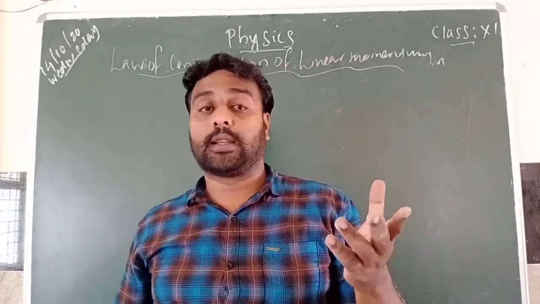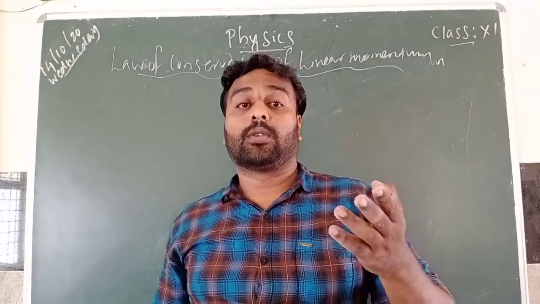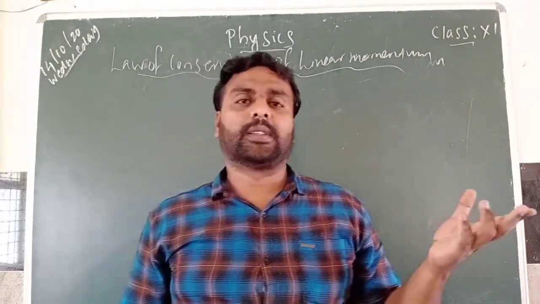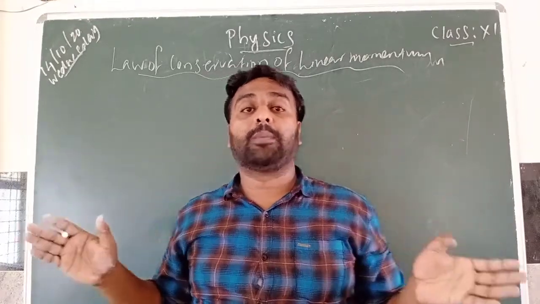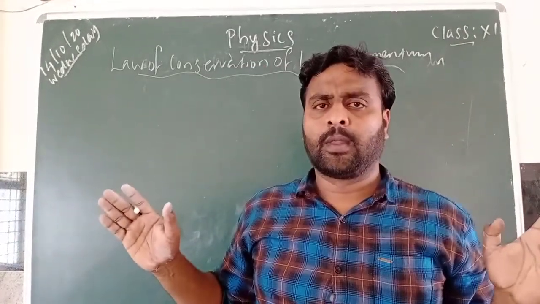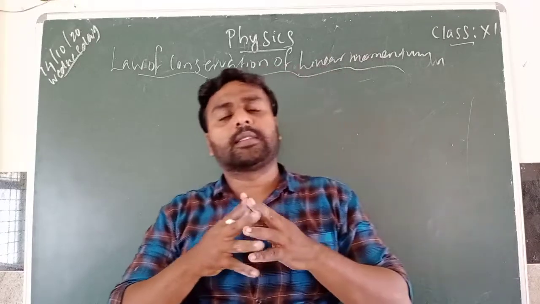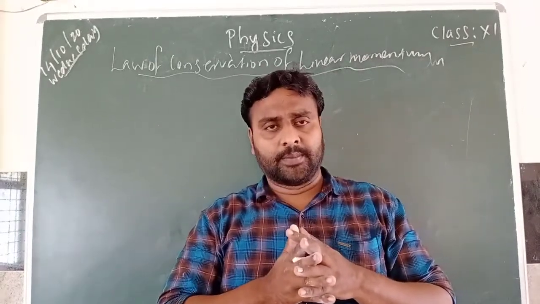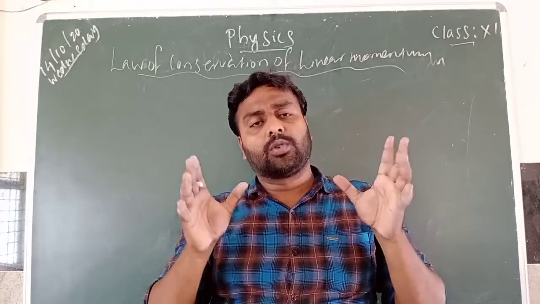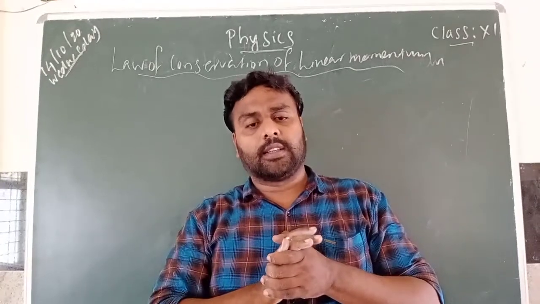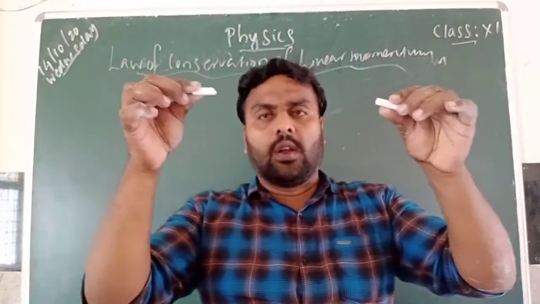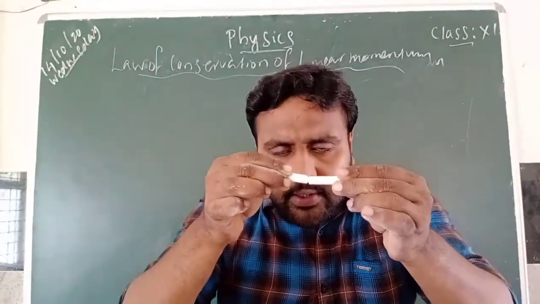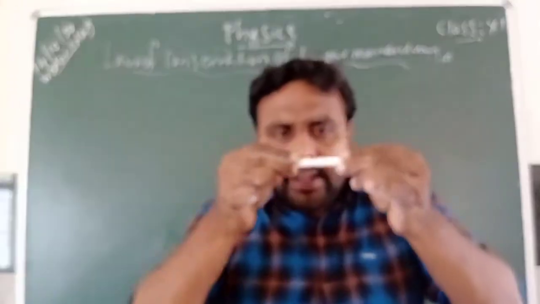You know Newton's second law: F is equal to ma, or you can use F is equal to dp by dt. Here we are using dp by dt, momentum. Assume the two particles interact with each other, say these two chalks.